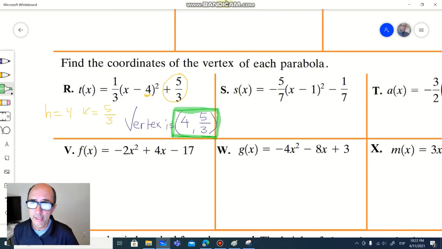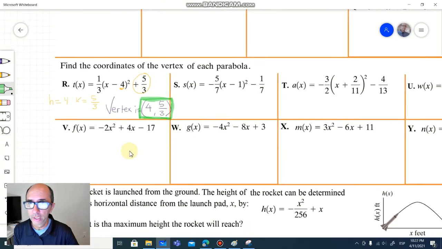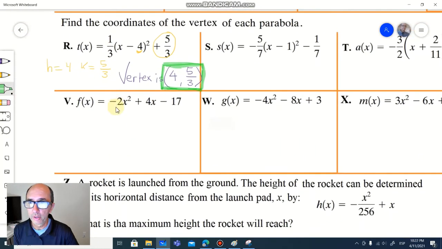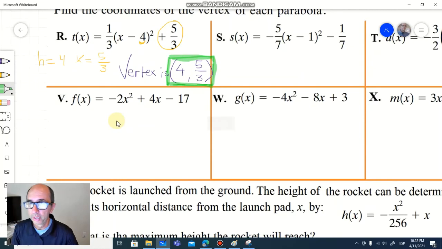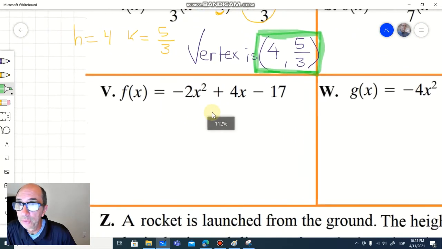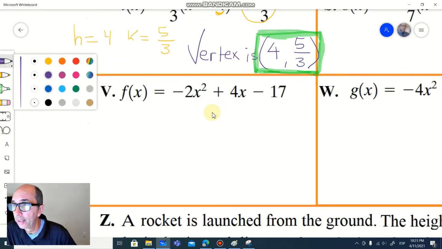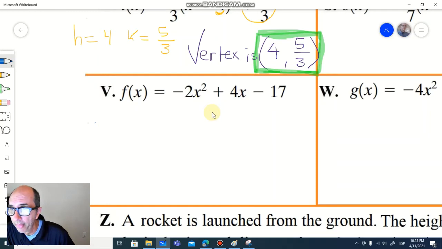Now the next four questions, from V to Y, are a little bit different because they're not in vertex form. The function is in standard form. That means we need to calculate the vertex using the vertex formula, which is x of the vertex equals negative b over 2a.